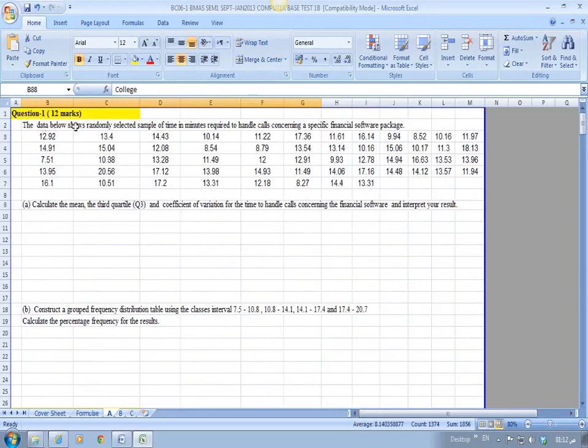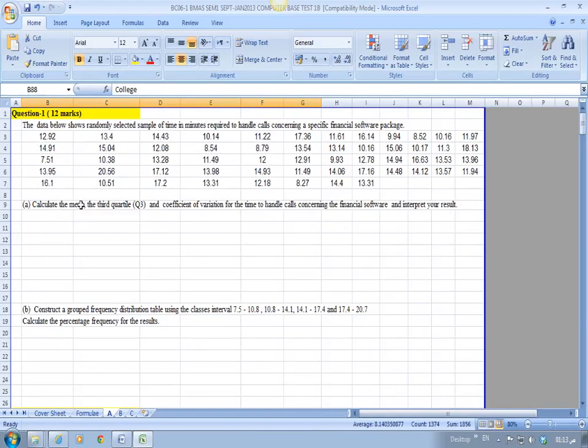The data below shows randomly selected sample of time in minutes required to handle call concerning a specific financial software package, and these are the time. It is ungrouped data. So the first question is to calculate mean, third quartile, coefficient of correlation, coefficient of variation, and enter with your result.